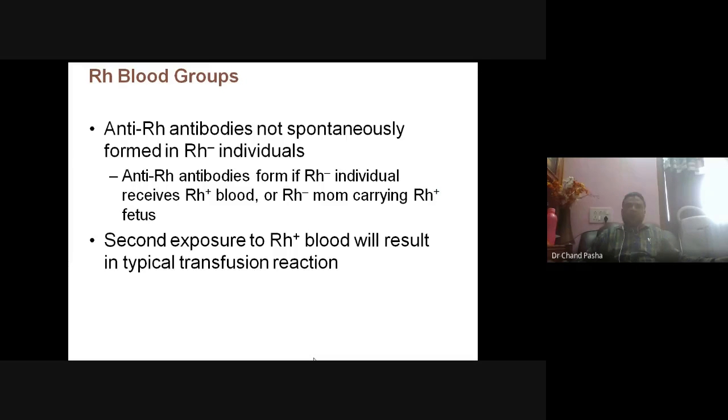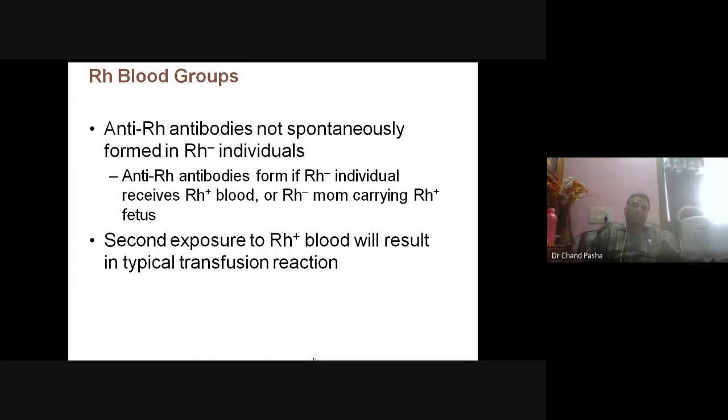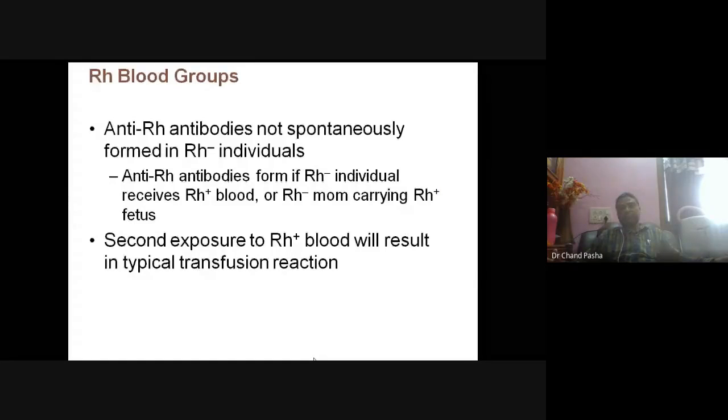RH positive soluble antigen is transferred into the mother also. And once this factor goes there, the anti-RH antibodies will be produced. So in the first pregnancy, nothing happens, because I told you, if the antigen antibody titers are not enough, they are not going to do anything.